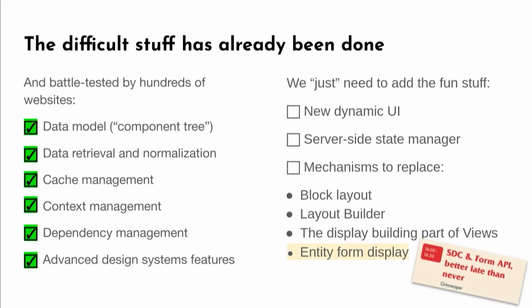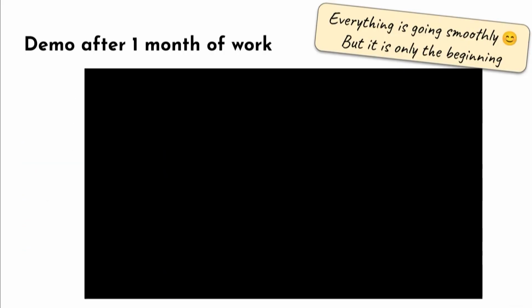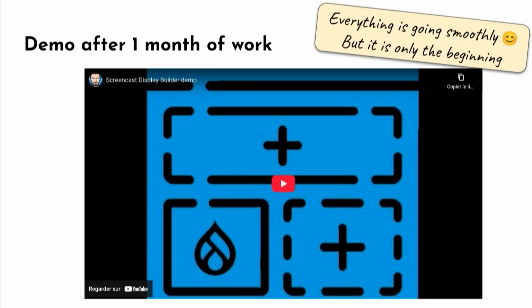And among the replacements, there is a display builder I didn't talk about. It's entity form display. Yes, it's a display builder too. We are building the display of a form, and we will address it thanks to current work by Florent. He did a talk yesterday. It was wonderful. You want to see a demo? Yeah. We started 2 months ago, and this demo is already 1 month old.